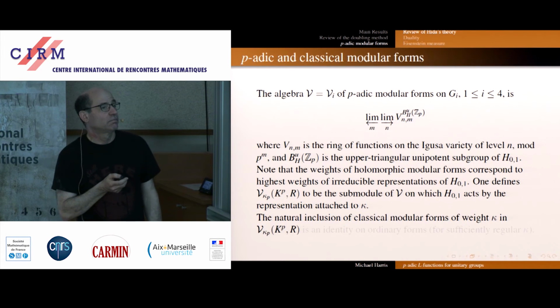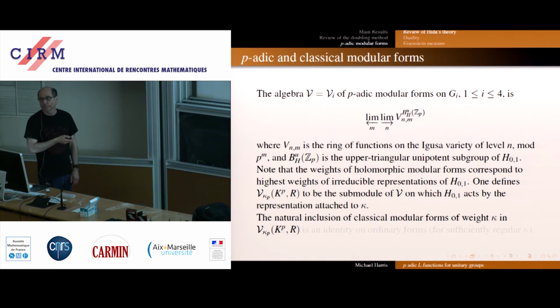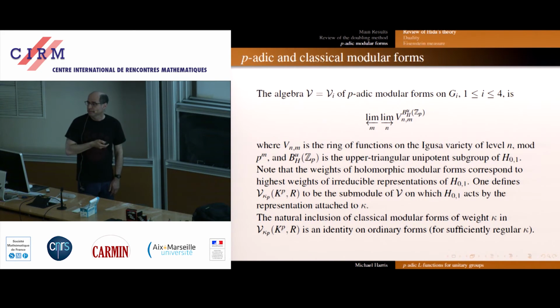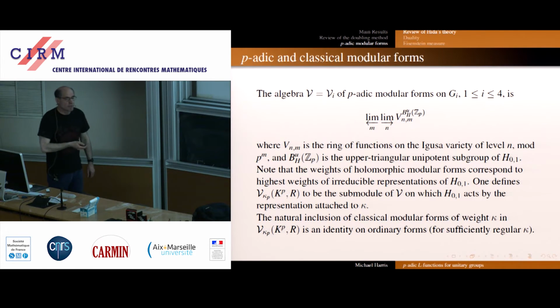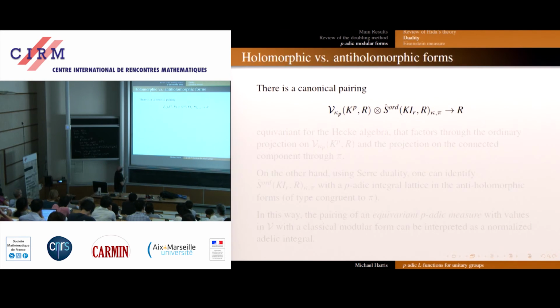And then classical modular forms of weight kappa are among the p-adic modular forms of weight kappa. And this is an identity on ordinary forms. This is the control theorem in the holomorphic version. This says that for sufficiently regular kappa, any ordinary form of integral weight is classical. Okay?